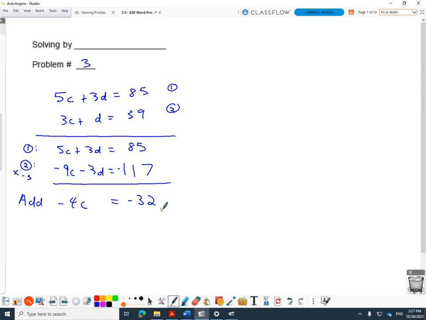Well, first I subtract 85. And then how much do I have left? I have negative 32 left. Now divide, negative 32 divided by negative 4? 8.